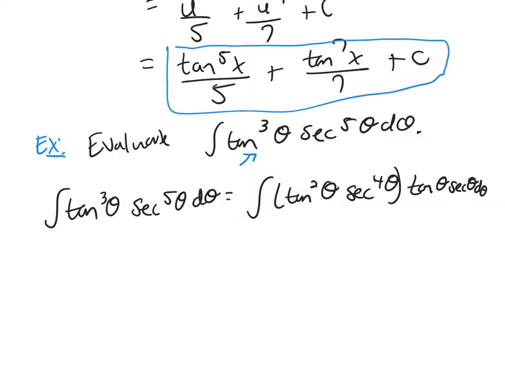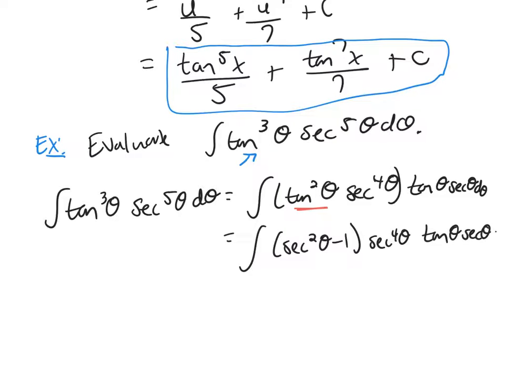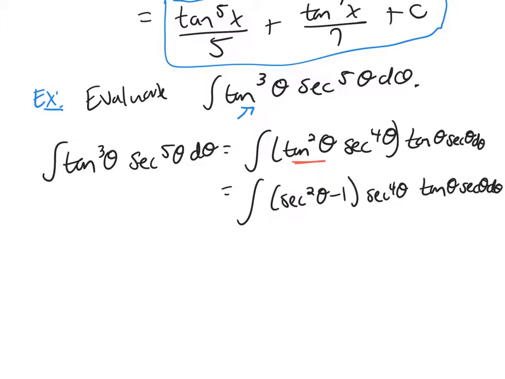So now what we're going to do is take this tangent squared and write it in terms of secant. It's secant squared minus 1. And now again I can do a substitution, but this time my substitution will be on secant theta, whose derivative is secant times tangent.